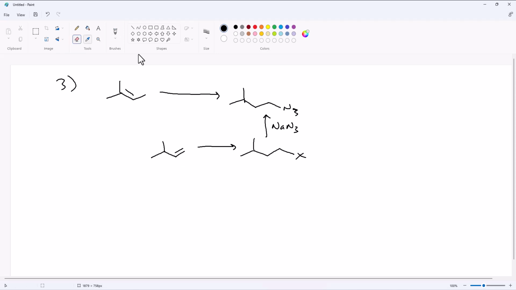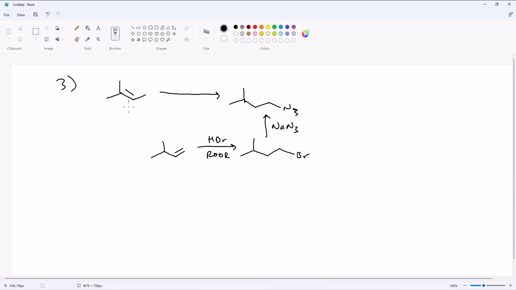I will specify this X now. So we have to do terminal X addition, which would be anti-Markovnikov addition to this double bond. To specify anti-Markovnikov addition, we would do something like HBr and peroxides, and that would add Br to the terminal position of the double bond.